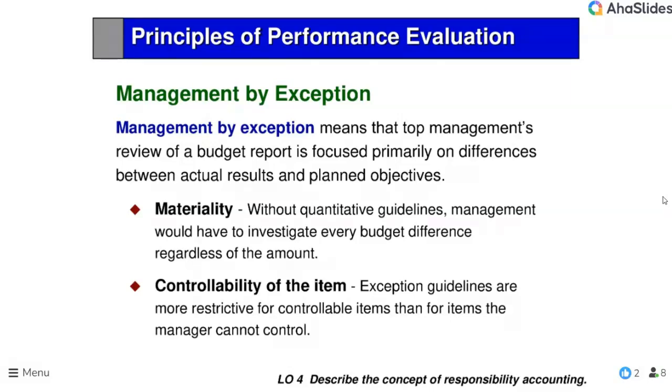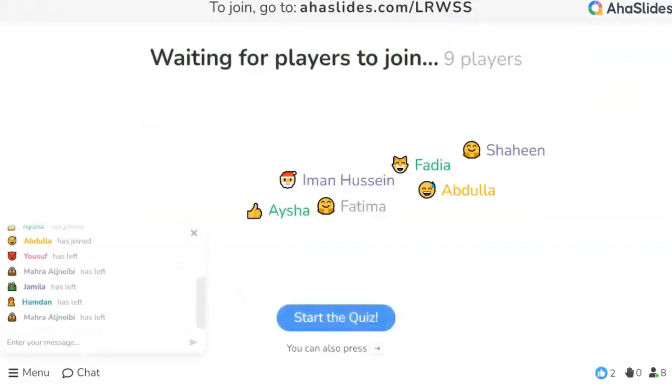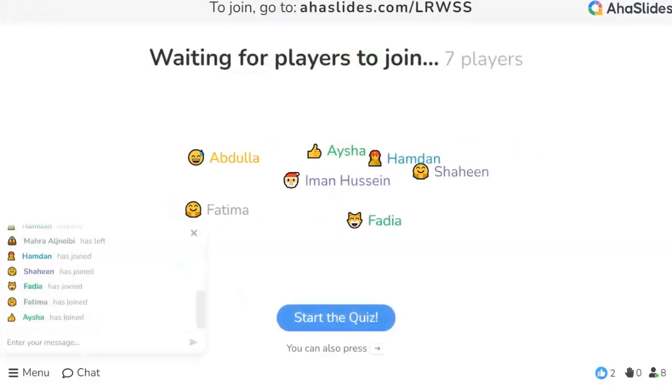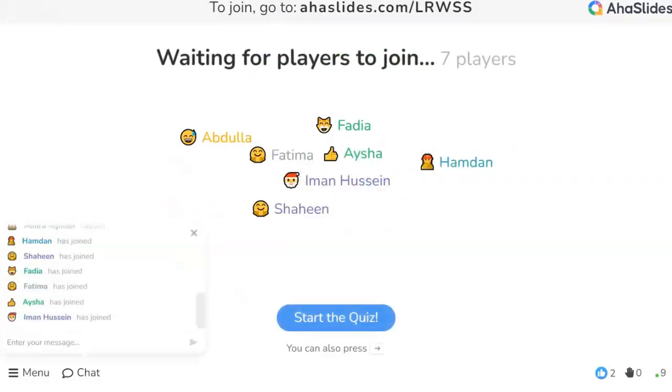If it's 1%, 2%, no problem, move on. But if it's getting up to being material or significant, like 5%, that is going to catch the attention of senior management. So you better have some answers as to why. So therefore, you look into it before senior management comes down on you. So management by exception is you focus on those major differences or variances. So let's see if we understand that concept.